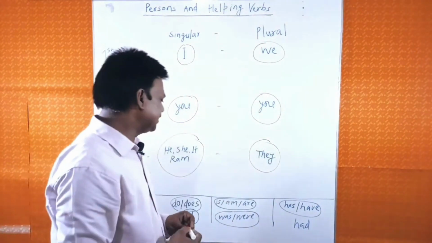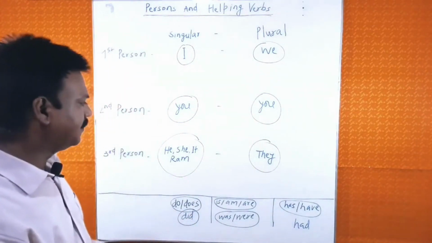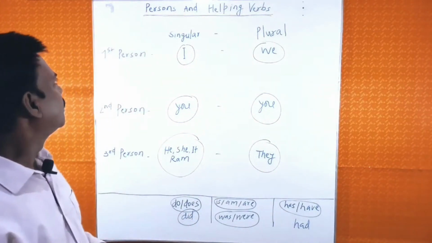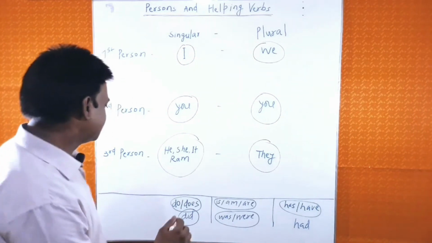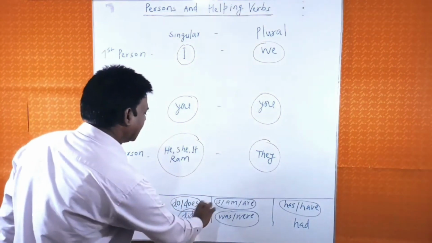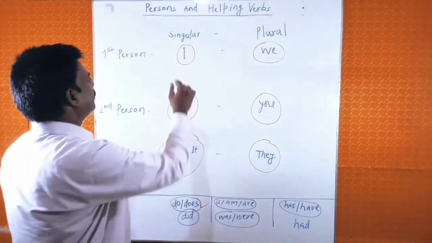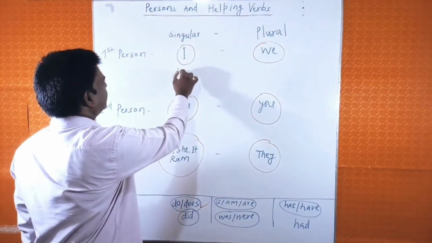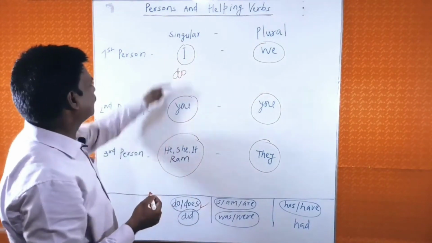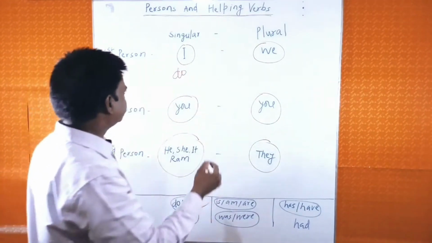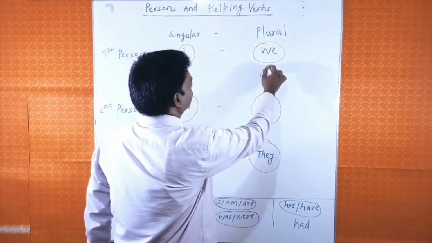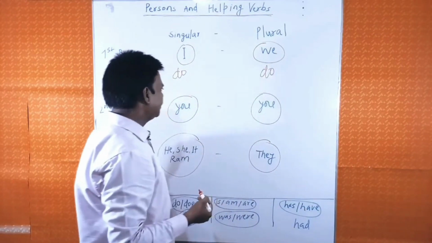Now we will see one by one how we use helping verbs with all these pronouns. See, first of all we will see do and does. We use do with first person singular number, with I. We use do with we.